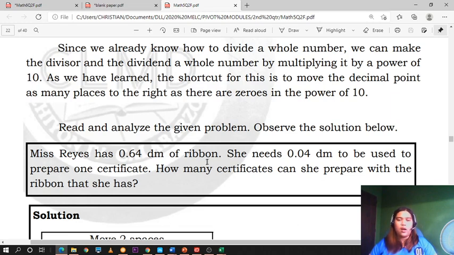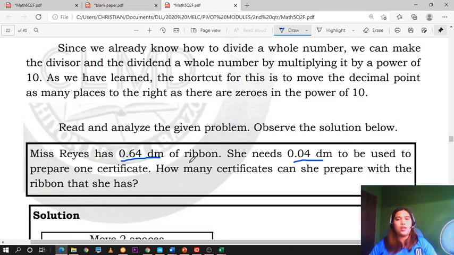So kung ang ribbon ay 64 hundredths ang haba and kailangan niya daw ng 4 hundredths decimeter kada isang certificate. So, ilang certificate daw ang magagawa niya doon sa 64 hundredths. So, syempre, hati-hatiin natin sa tig 4 hundredths yung ribbon.